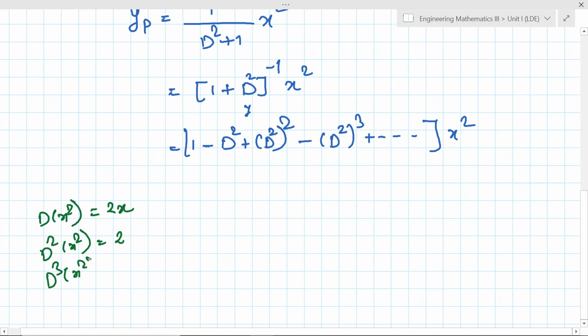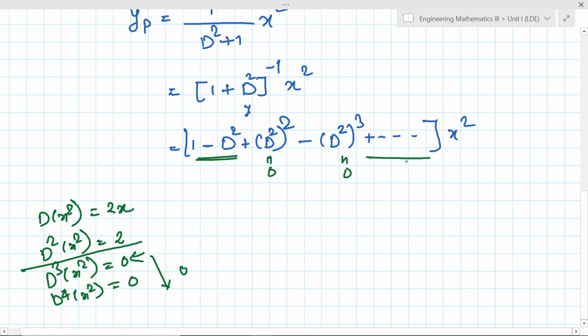D³ of x² is equal to 0. D⁴ of x² is equal to 0. See, as this derivative is 0, all upcoming derivatives become 0. Okay, so we have the terms only up to this. So only the first two terms are there in the expansion. This term becomes 0, this term also becomes 0, and the remaining terms also become 0.